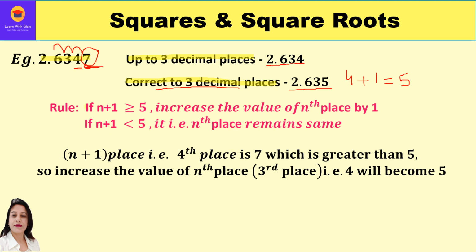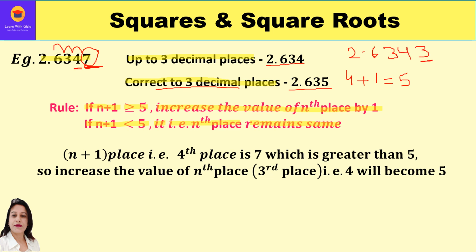According to the rule, if n plus 1 is greater than 5, increase the value of the nth place by 1. If n plus 1 is less than 5, the nth place remains the same. Suppose instead of 7, it is 2.634 and let's say 3 again.